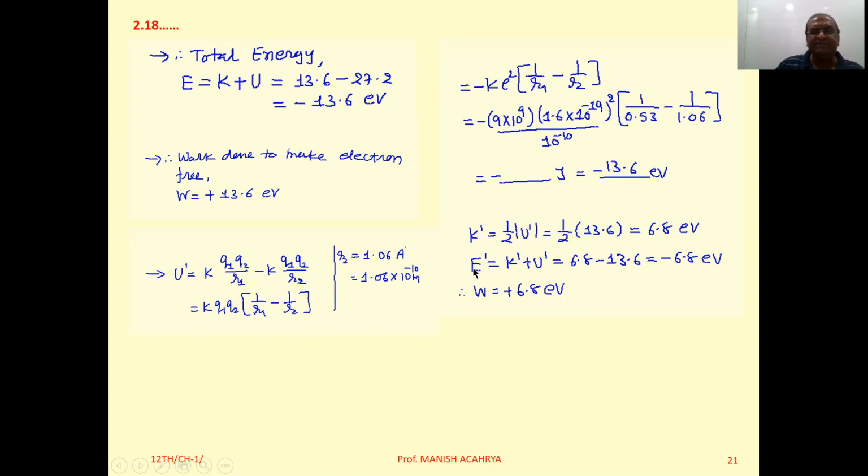Now total energy is kinetic energy plus potential energy. So that is 6.8 minus 13.6. So that is minus 6.8 electron volt. So work done to make the electron free is plus 6.8 electron volt. Clear to all of you?